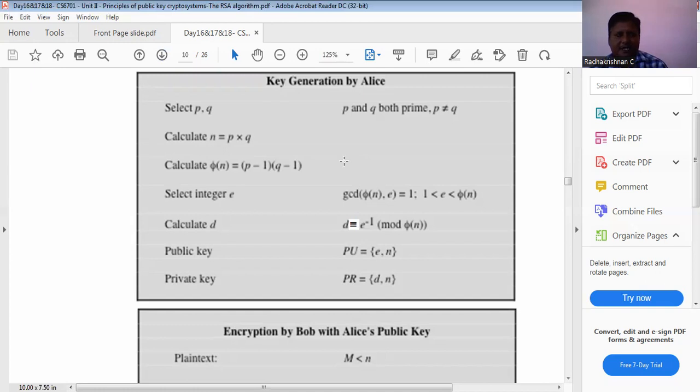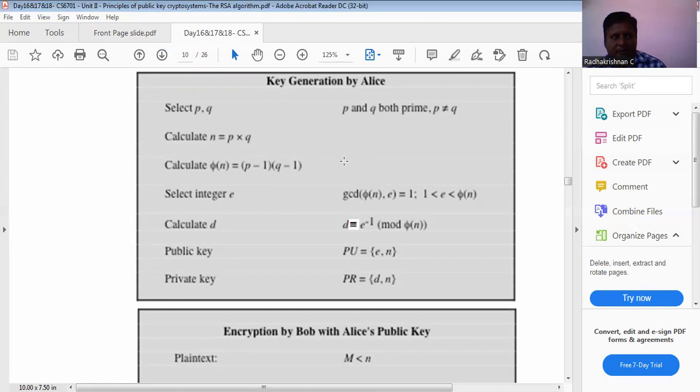Then select an integer e such that the greatest common divisor of the totient of n and e is 1, with e greater than 1 and less than the totient of n. Then the d value is calculated: d is equal to e inverse mod the totient of n. That is our calculation of the d value.